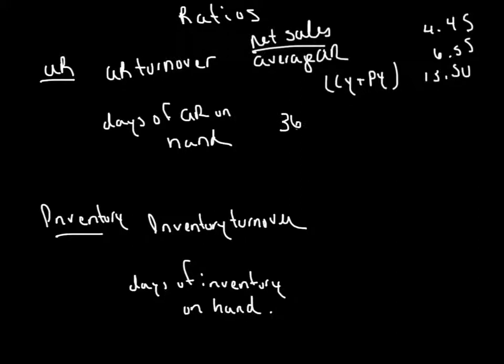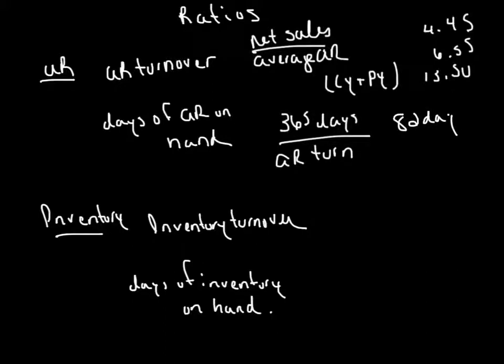and it's taking 365 days divided by your AR turnover. So if you do all of these out, if you take 365 divided by the 4.45, you should come up with 82, and this is days.